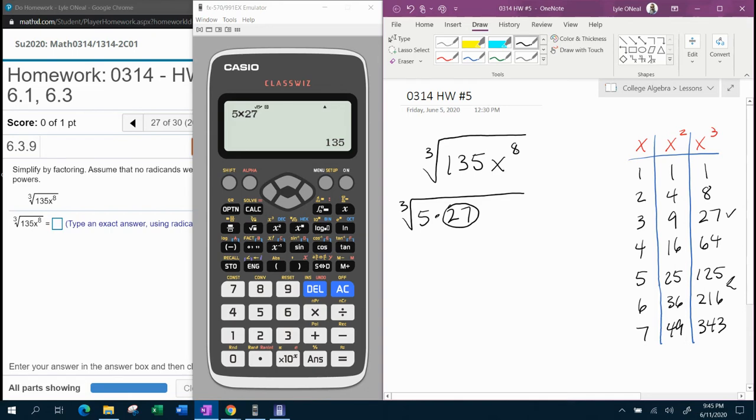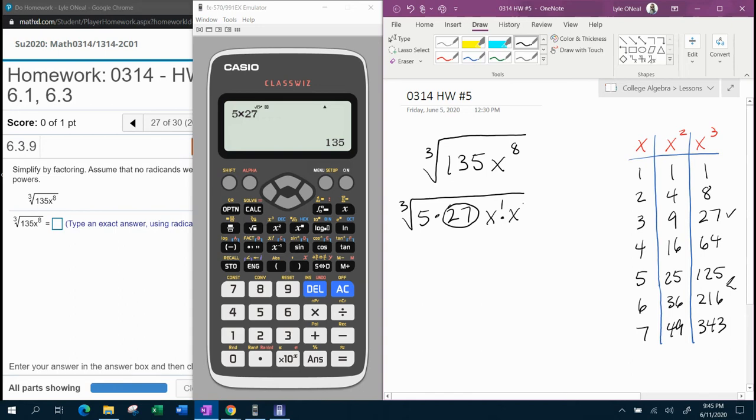Now, for x to the 8th, in order for that to simplify, the index has to be able to divide into the exponent evenly. And 3 does not go into 8 evenly. And so what we're going to do is break off powers of x until we get an exponent that 3 will divide into, okay?